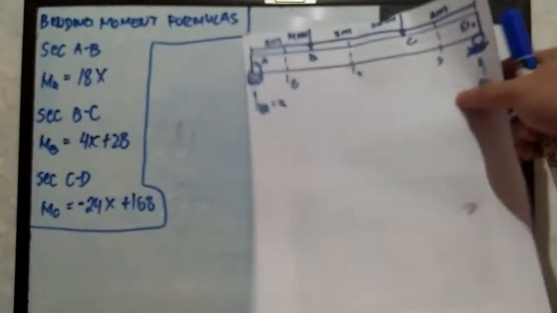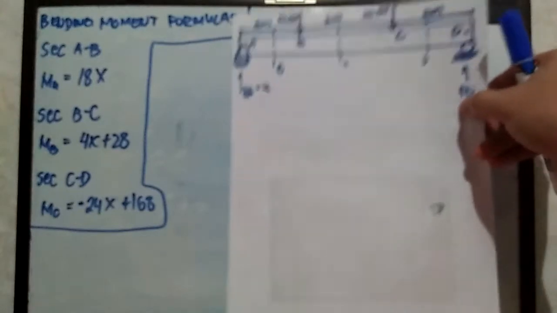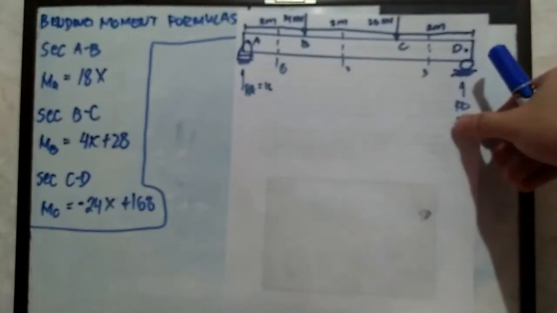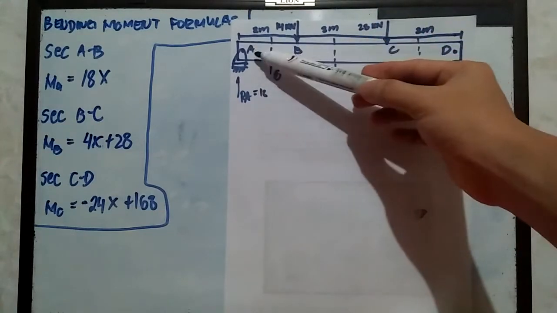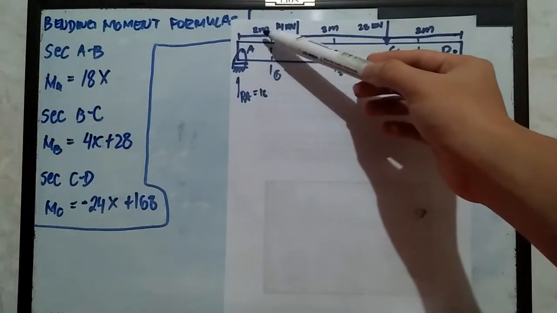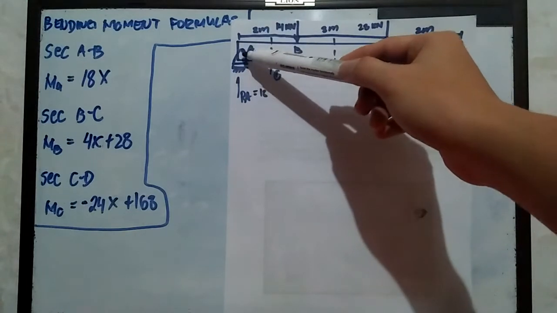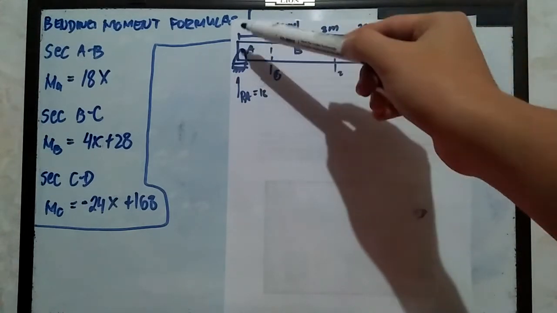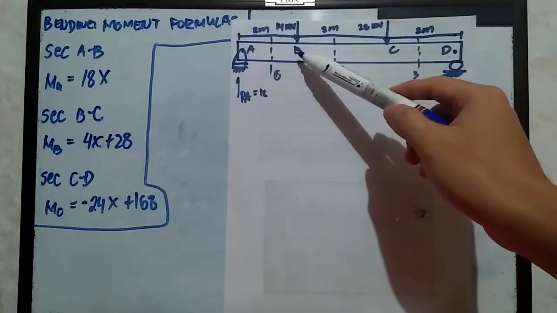As you can see here again, in this free body diagram that we have, section A-B is equal to 2 meters. So our limit should be coming from A to B, from 0 to 2 meters, because that is section A-B.